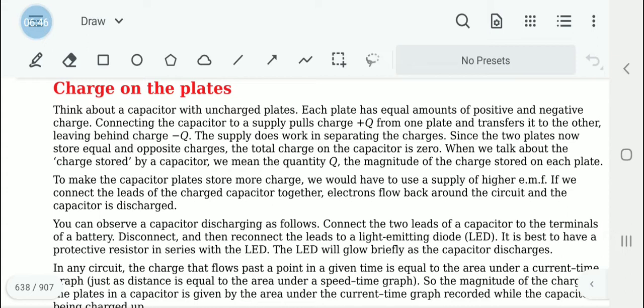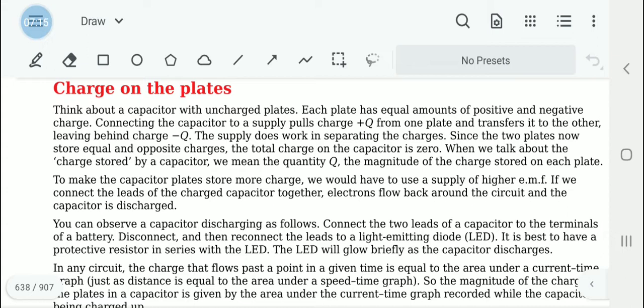Now if you connect the capacitor to a supply, electrons are pulled from the plus Q plate and transferred to the other, which then becomes negatively charged. So that is how the supply works. It carries electrons from one end and gives them to the other.